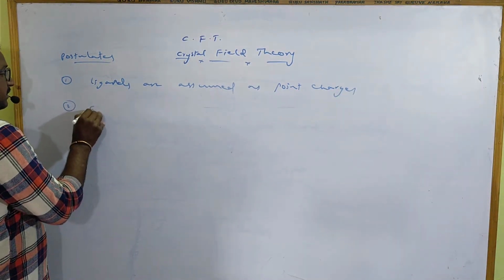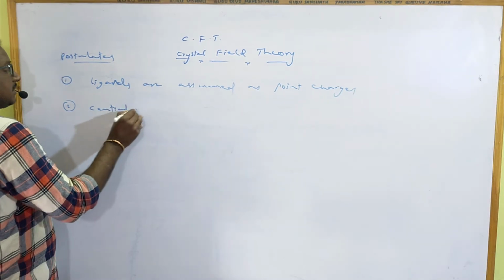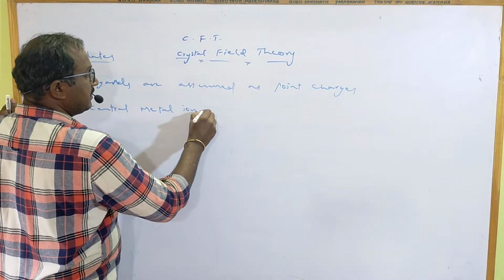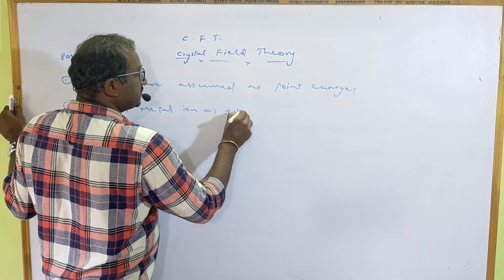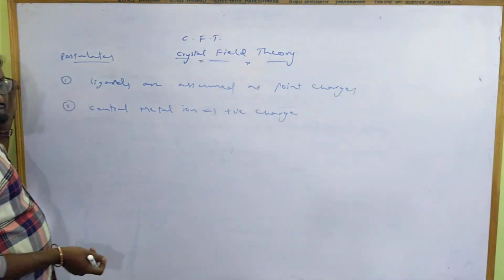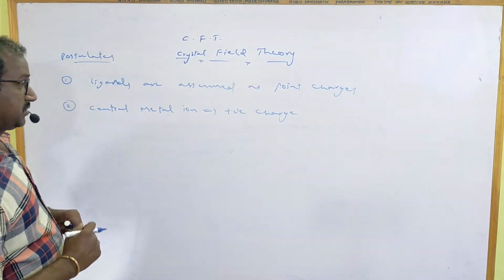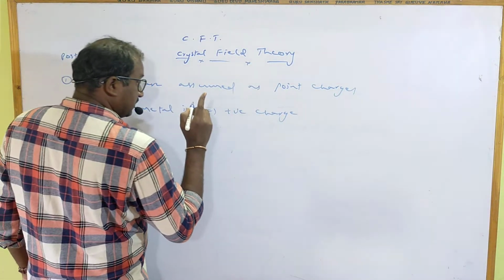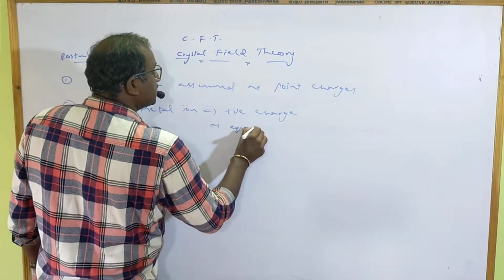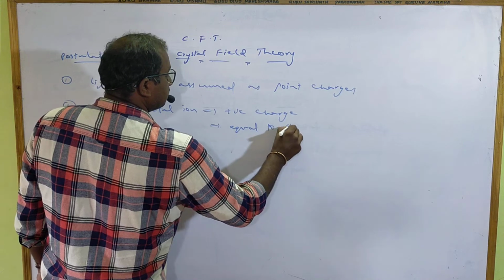Second, the central metal ion has a positive charge, because metals easily lose electrons and always get a positive charge. This positive charge is equal to its oxidation state.